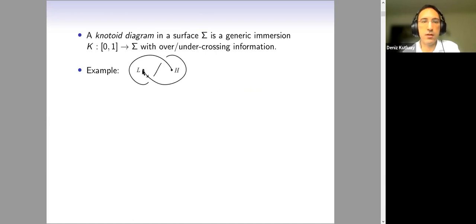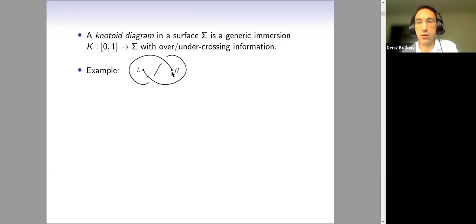The way you can imagine this is that suppose you would like to draw a knot diagram. You start drawing the knot diagram, including, of course, the under and over crossing information. But then before you actually finish your knot, you stop halfway.